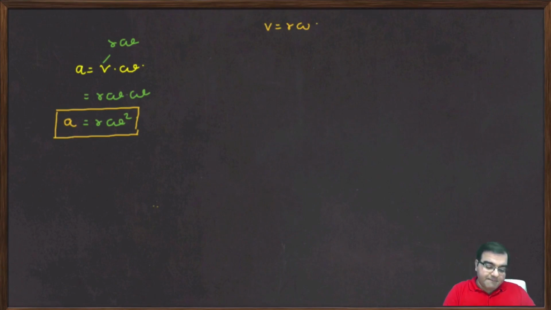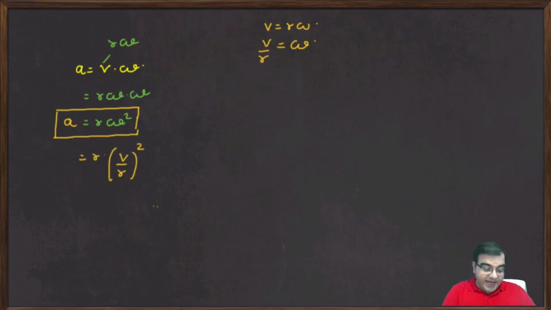Now again use the same formula, v is equal to r omega. From this I can take this r down and say v by r is equal to omega. So instead of this omega I can substitute v by r, keeping this r as it is. I would be writing v by r the whole square.